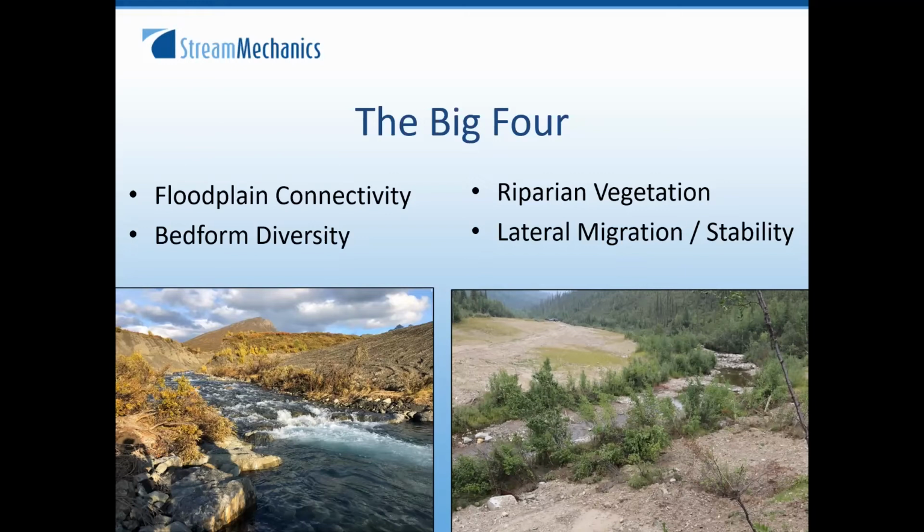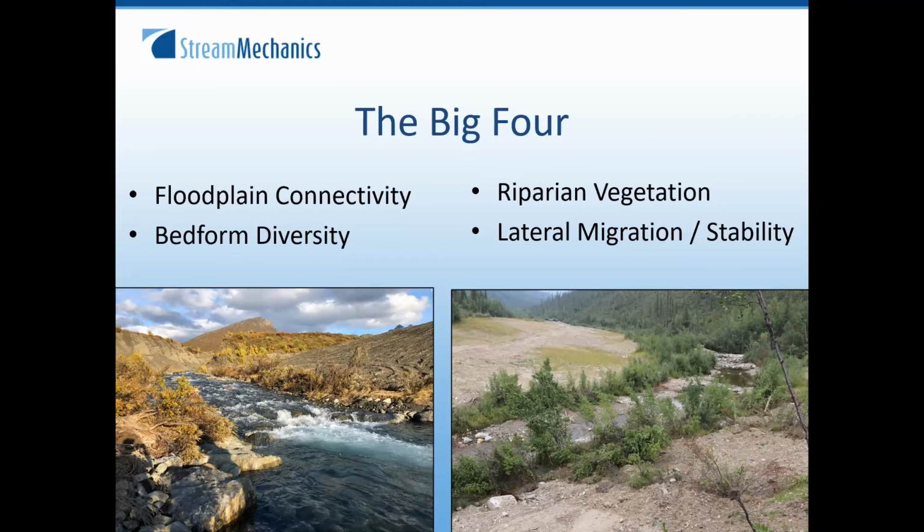The bedform diversity is a little bit easier to see with the picture on the left. That was all constructed, and you can see this cascade coming into a step and a pool. That's the appropriate bedform for that type of stream. This is, as you can tell, a higher gradient stream, so it's not going to be a meandering stream or a multi-thread channel, more of a step pool channel. And so that's the bedform diversity that would be appropriate for that setting.